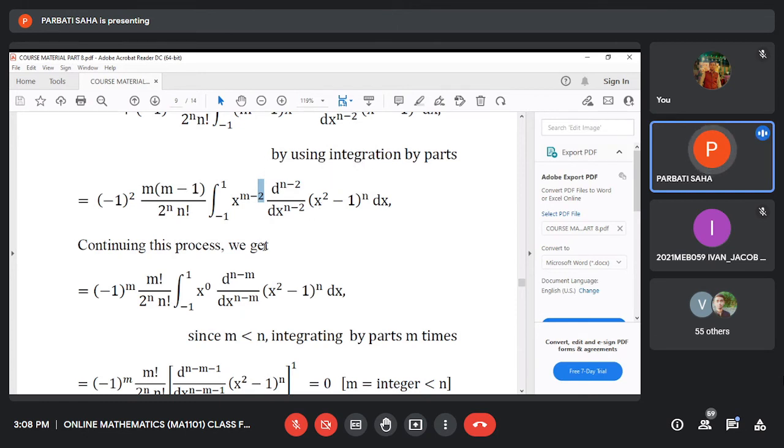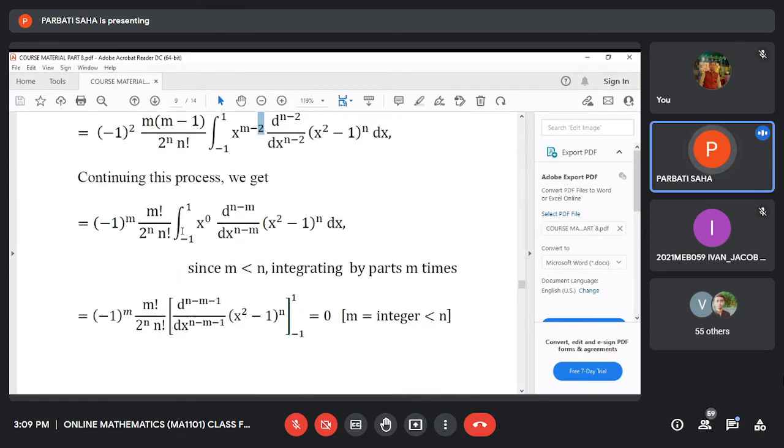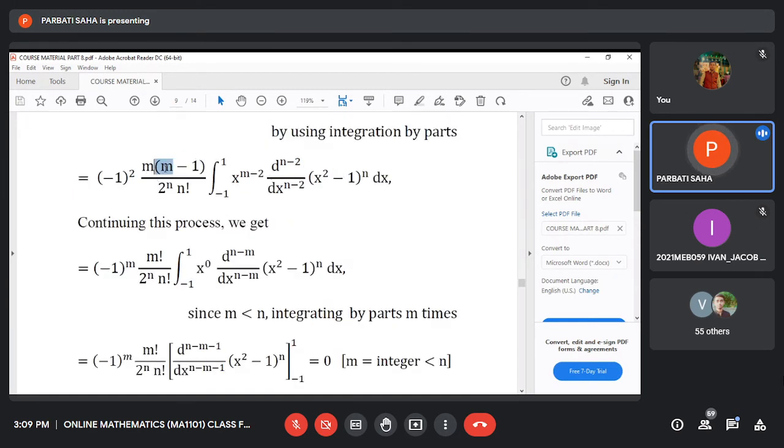So if it is repeated m times, then what will you get? This is m, this is m, this is m, and so if it is m, then x to the power 0, and it looks like this. If it is repeated twice, there exist two factors.